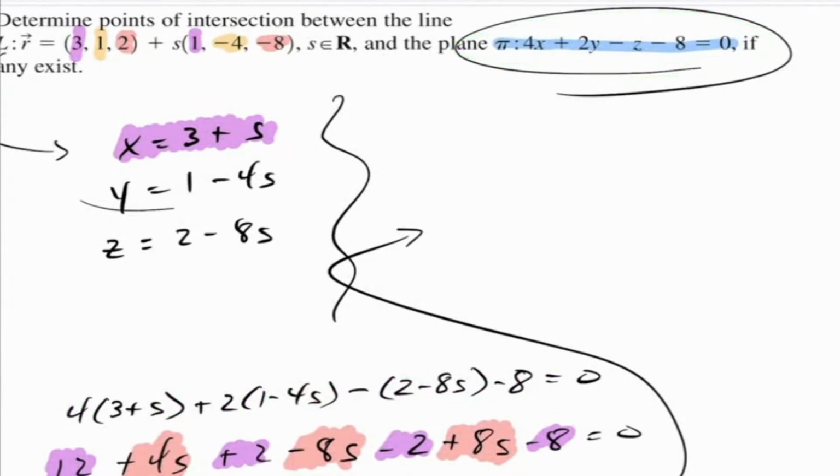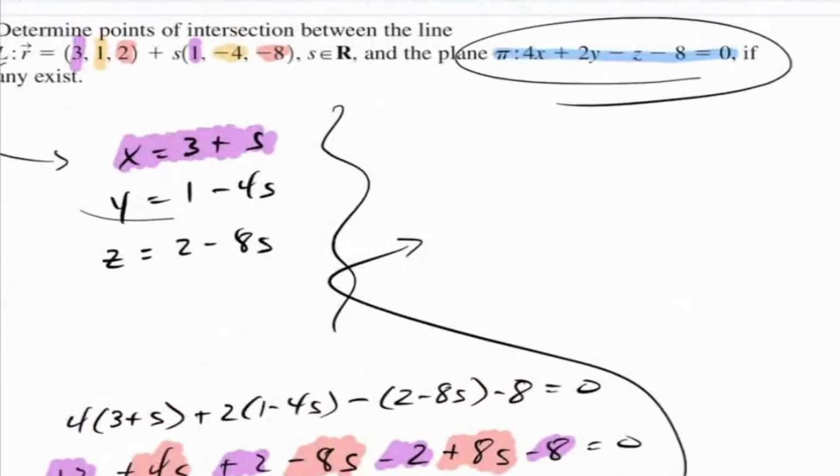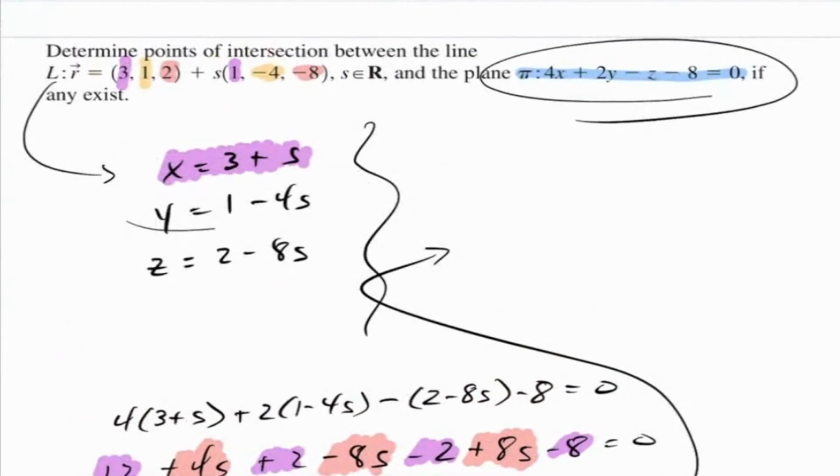When I sub a value in and get 0 equals 0, that must be a point of intersection. So I sub in the parametric equations, solve for s, and get s equals minus 1. I'm getting exactly one parametric value that gives a solution, which means there's exactly one point of intersection. So we're looking at case 1.